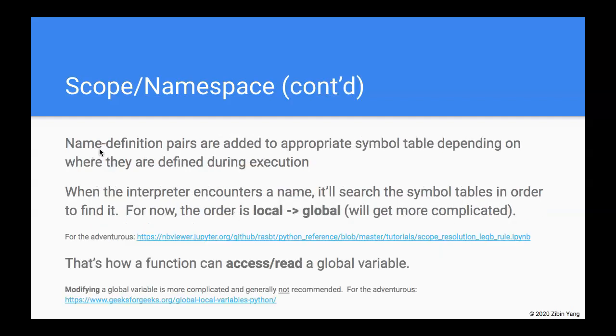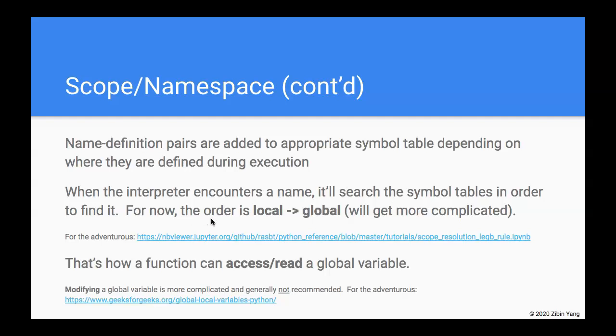The name-definition pairs are added to either the global symbol table if the code being executed is in the global scope, or to the function's local symbol table if the name definitions are encountered inside a function call. When the interpreter sees a name, it will search the symbol table in a particular order to see if that name is associated with some particular object.